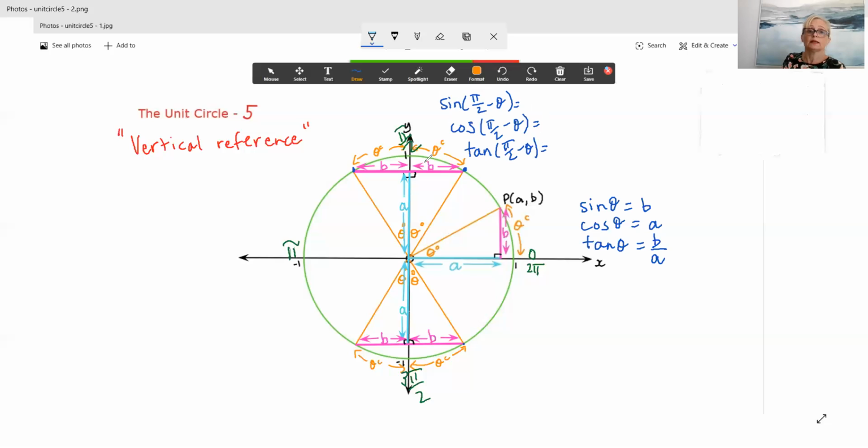Sine here is the y value, which when you read across is a. Now, a was our cos of theta.